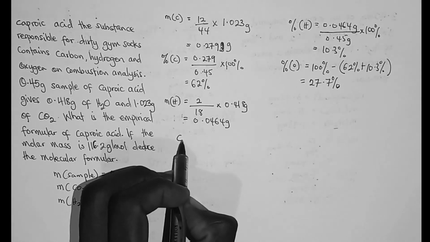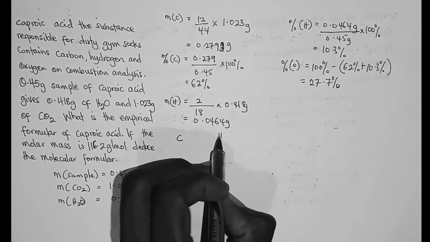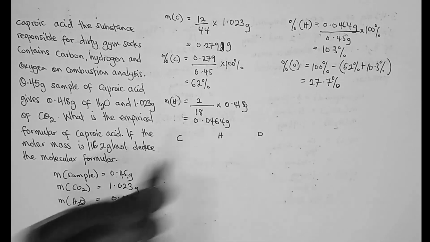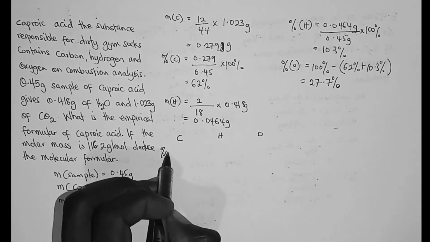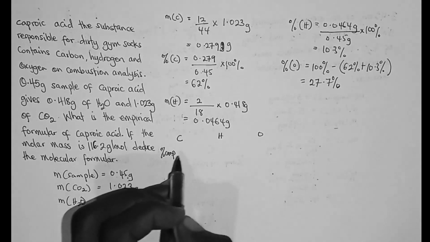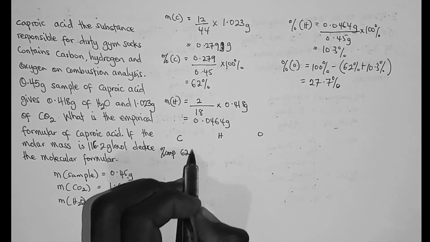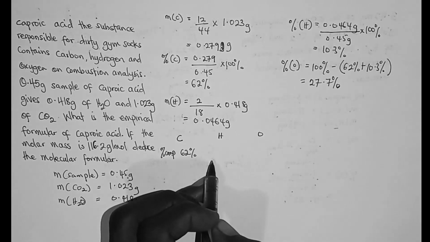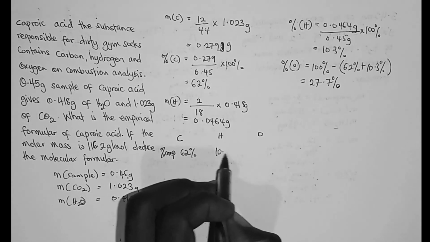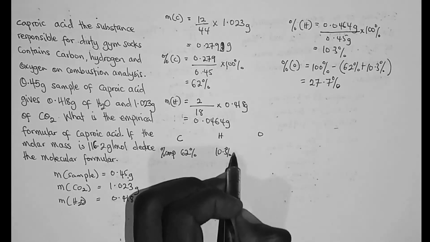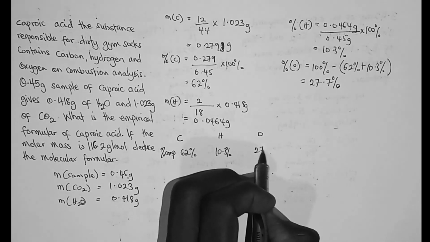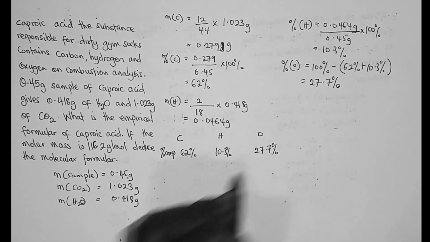So having gotten this, we can then find the empirical formula. So carbon, hydrogen, and then oxygen here. The percentage composition of carbon is 62%, and then hydrogen is 10.3%, and then oxygen is 27.7%.